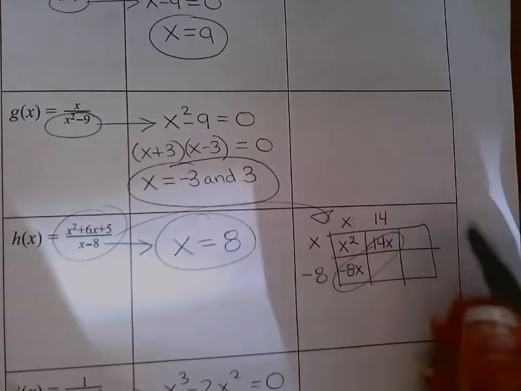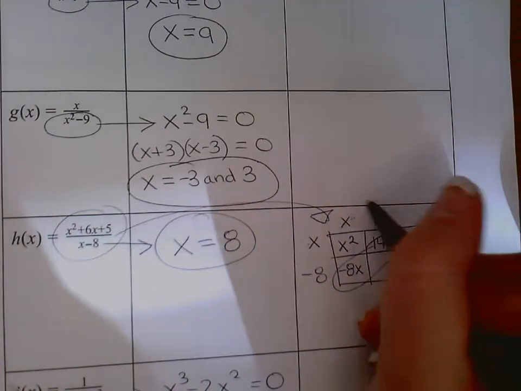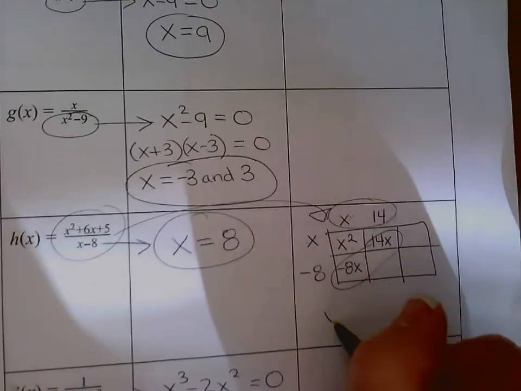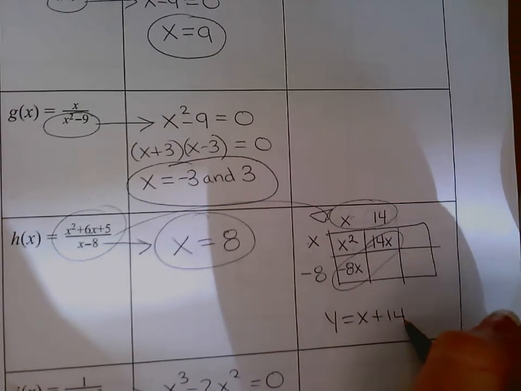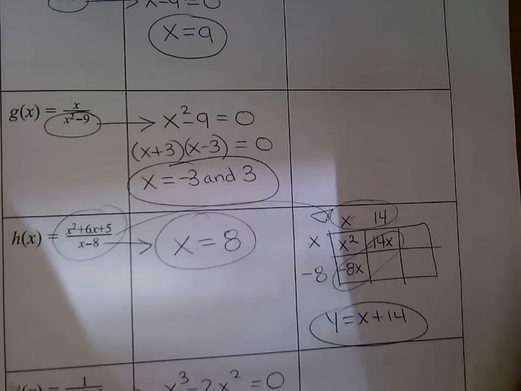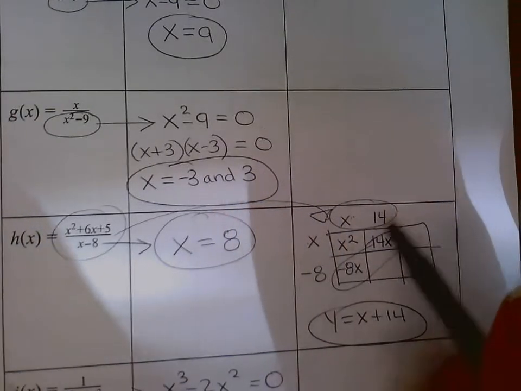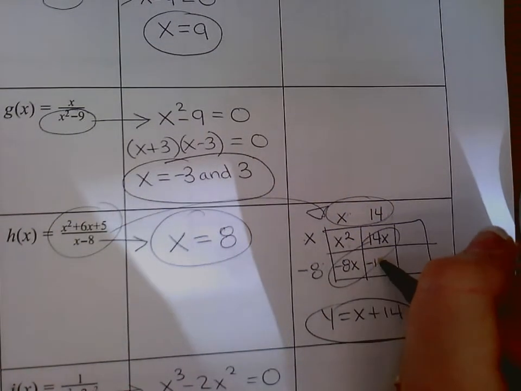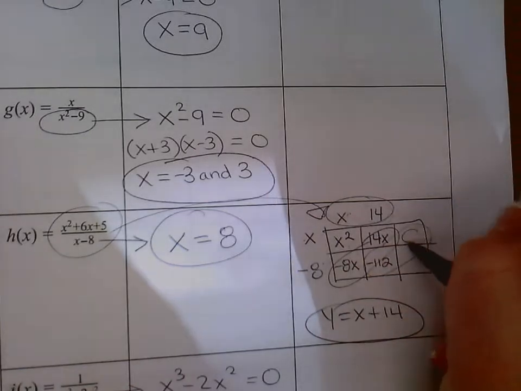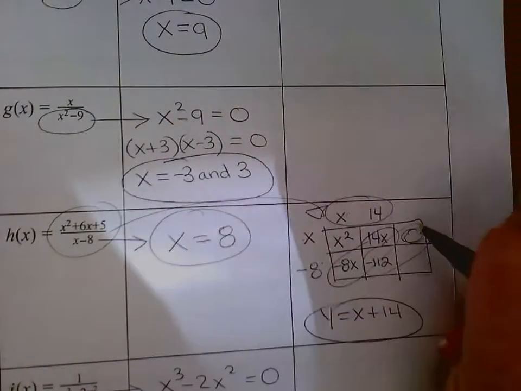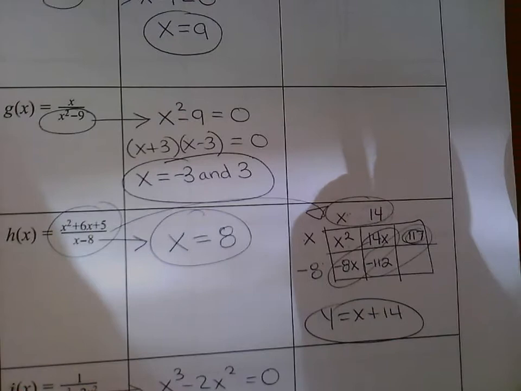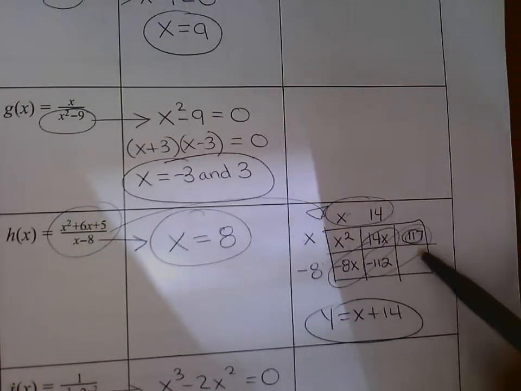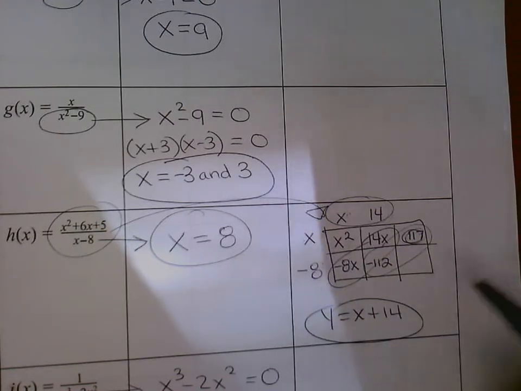So 14 must be the rest of my asymptote. y equals x plus 14 is the answer for the asymptote. If you wanted to go further for division, you'd have to do 14 times -8, which is -112. Then you'd have to find the remainder to get you to 5, which would be positive 117. The remainder just shows you that, hey, there is an asymptote, but you only need the equation of the asymptote.